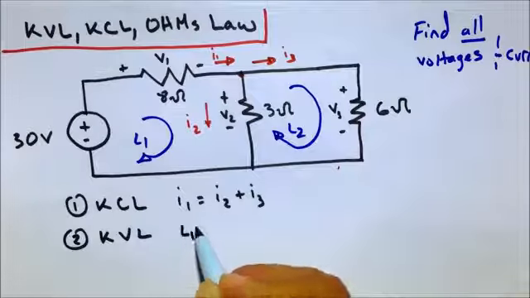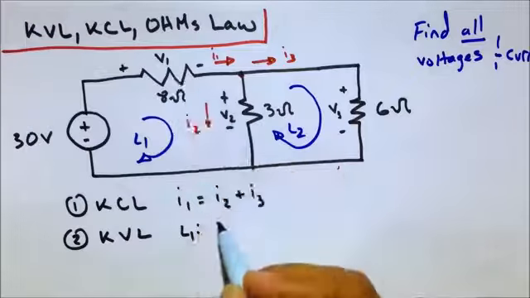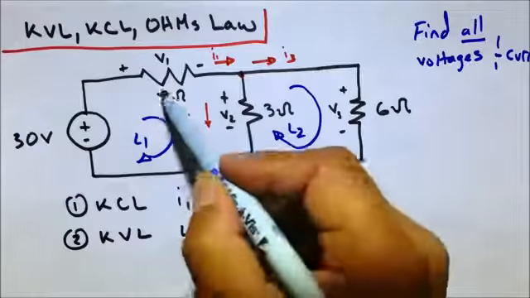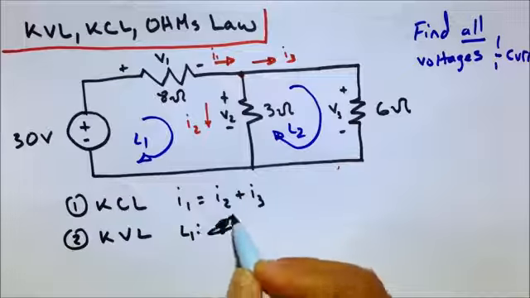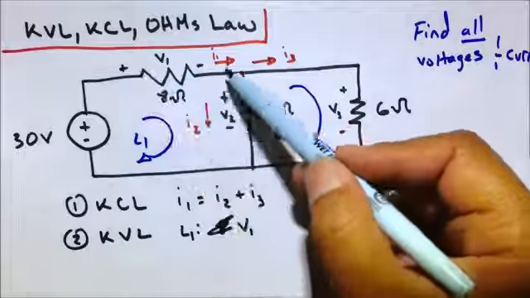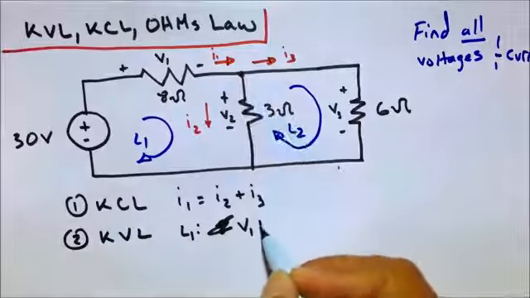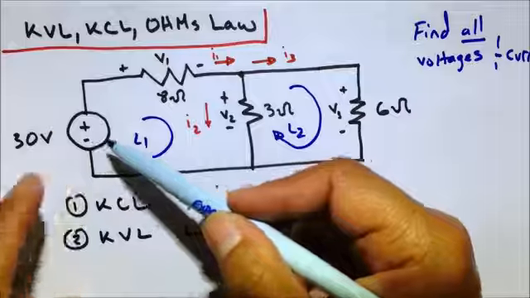So loop 1, if we go around this way, we have 8 volts. And then going on this way, we have, not 8 volts, V1, because that's unknown. V1, and then going down this way, we have V2. And then going up this way, the polarity is different now.